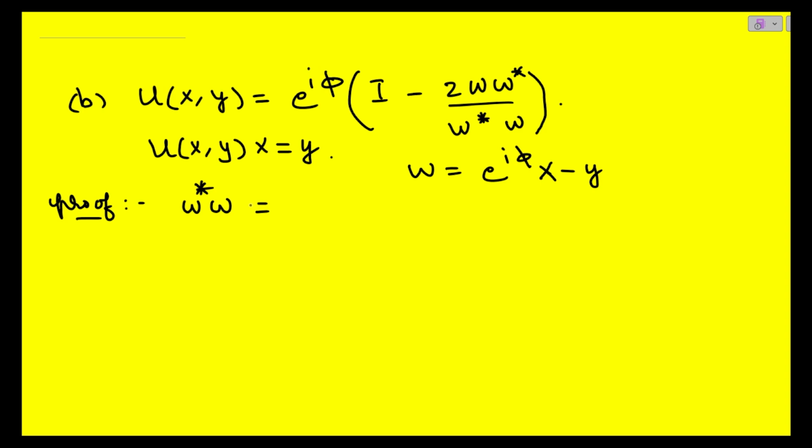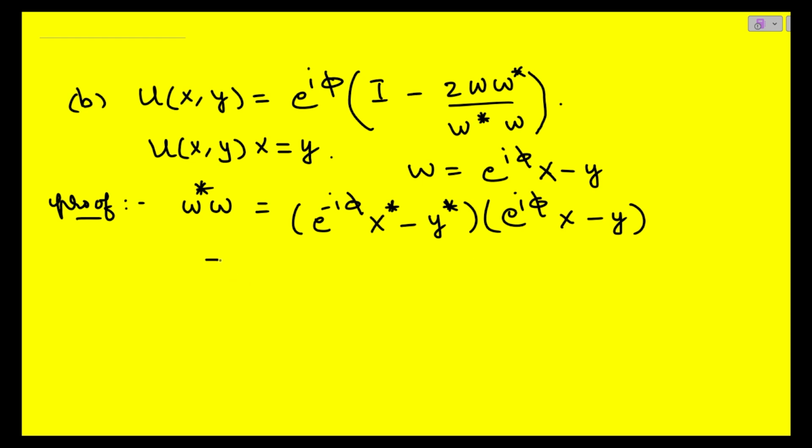So W star W. W star means just take the conjugate transpose. So e to the power minus i phi (x star minus y star) times e to the power i phi (x minus y). When you do this multiplication, e to the power minus i phi and e to the power i phi get cancelled.